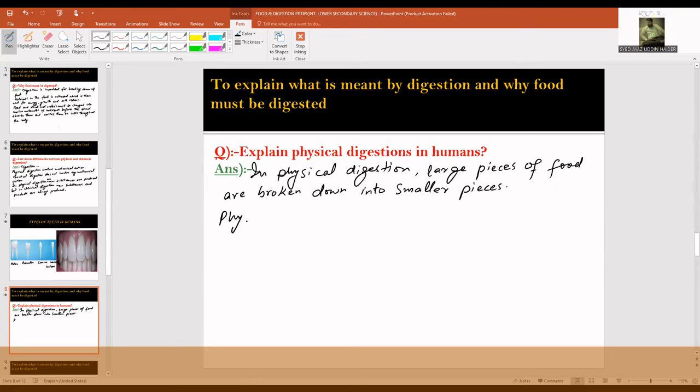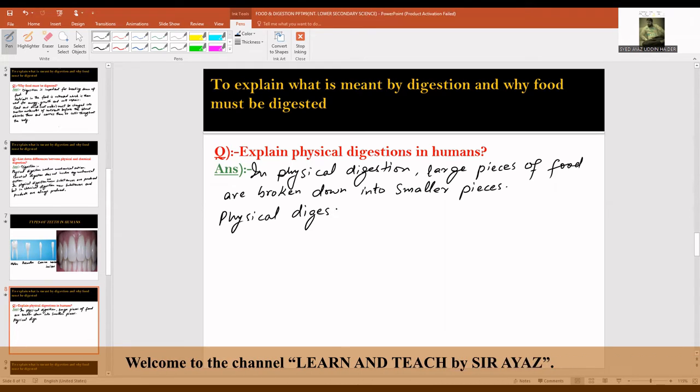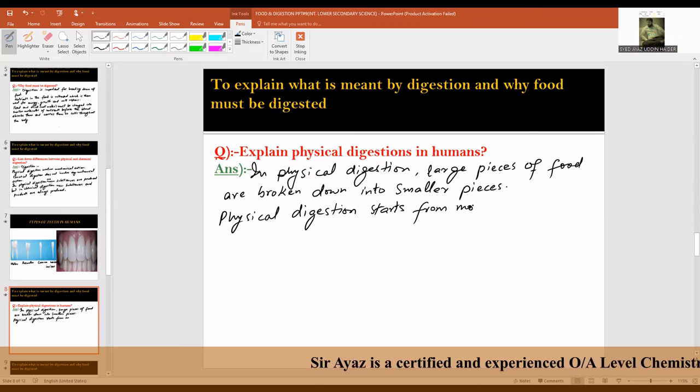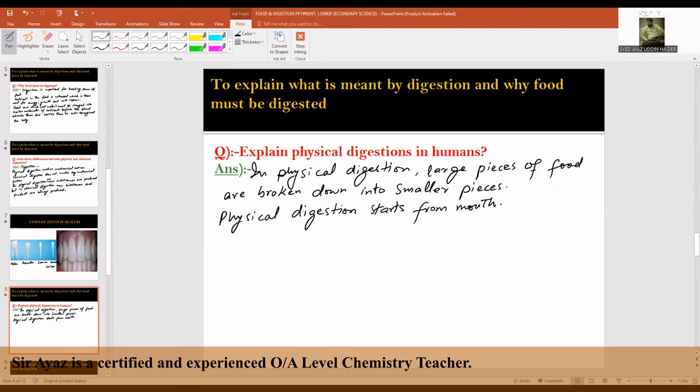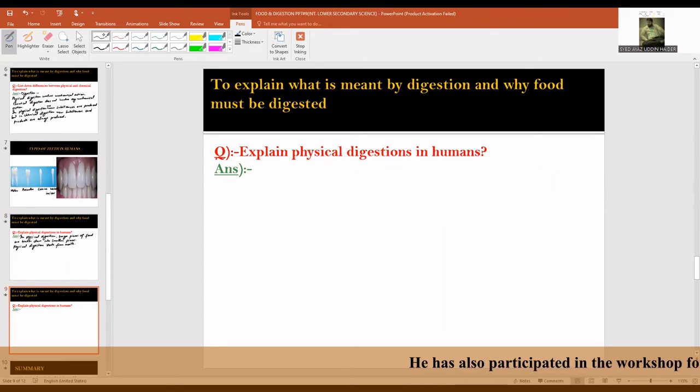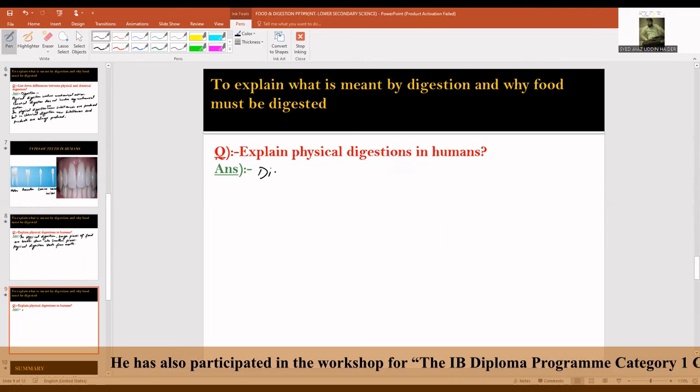Physical digestion starts from mouth. Different types of teeth break down the large food molecules into smaller ones.